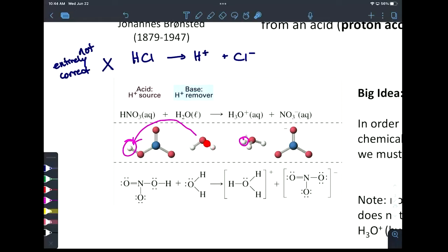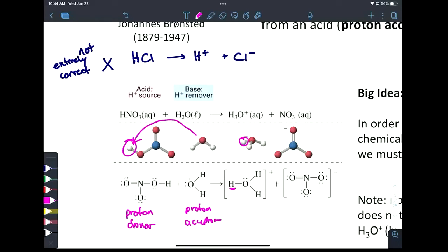On the other hand, is water donating a proton or accepting a proton here? It's accepting. So you see that our acid source, HNO3, is our proton donor. So that makes it an acid. Water here is our proton acceptor.